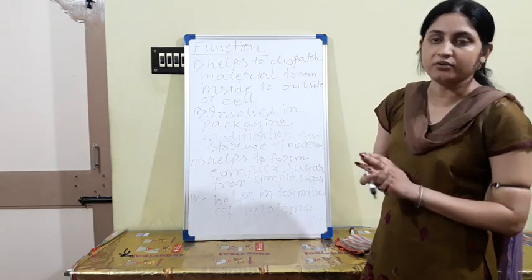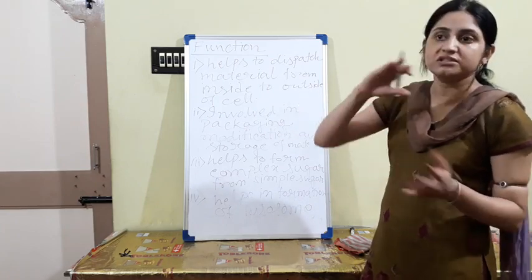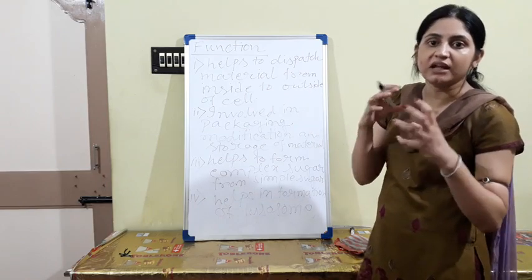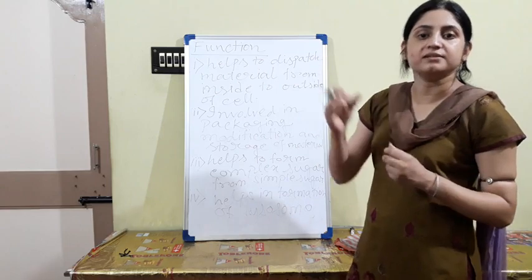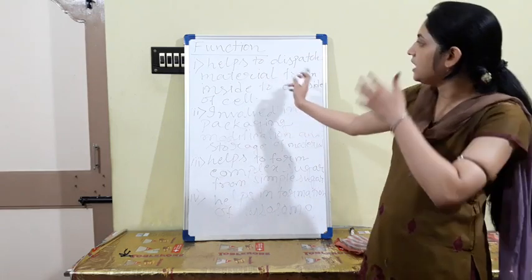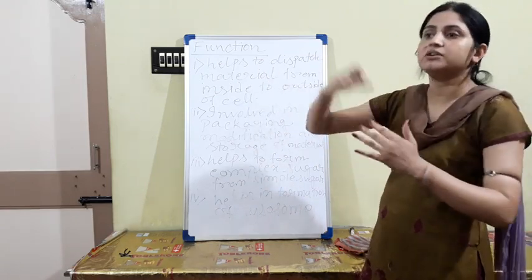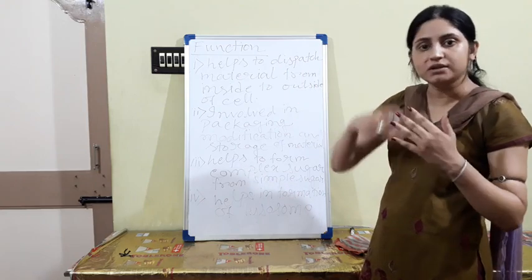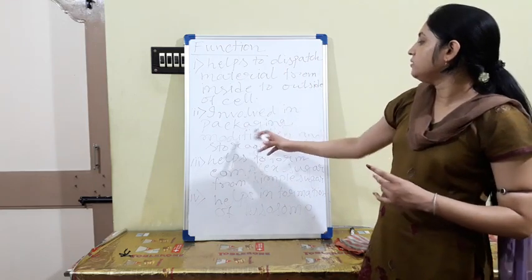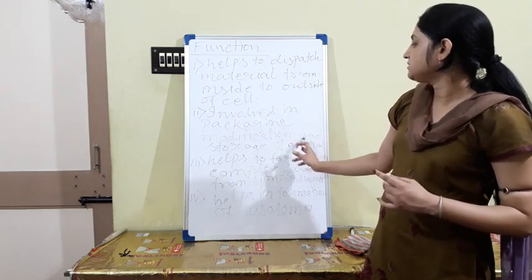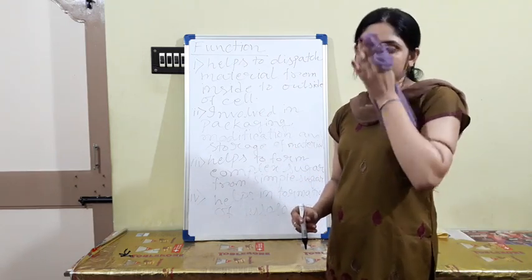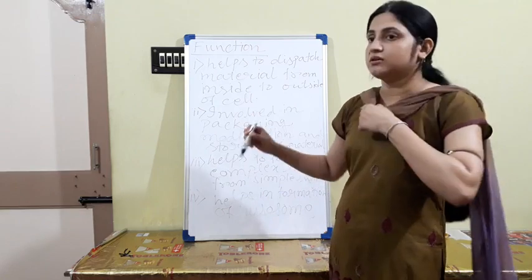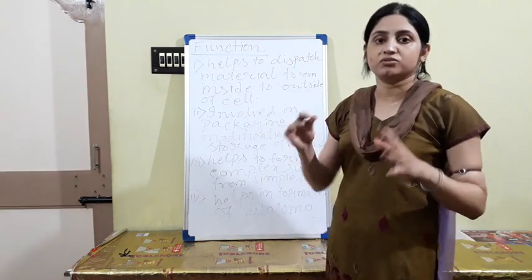Package means storage or modification into something that will not be destroyed by other enzymes or anything else present in the cell. So it helps to dispatch material from inside to the outside of the cell or outside to the inside of the cell, and is involved in packaging, modification and storage of material produced by other organelles. That is also packaging or protection, and that is also modification.